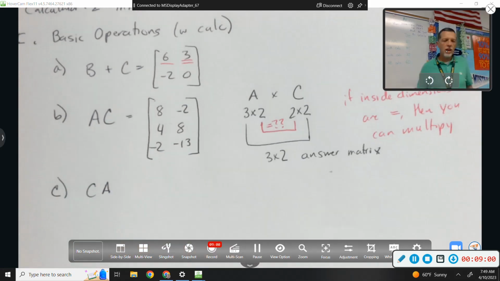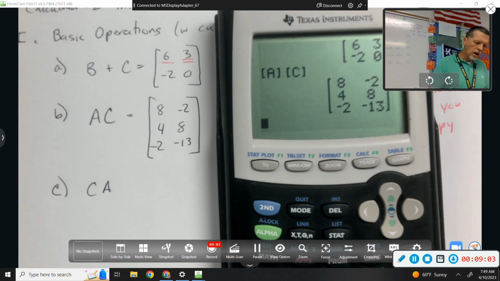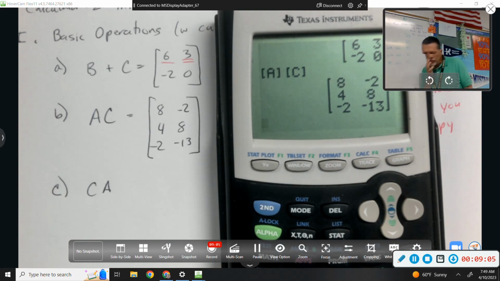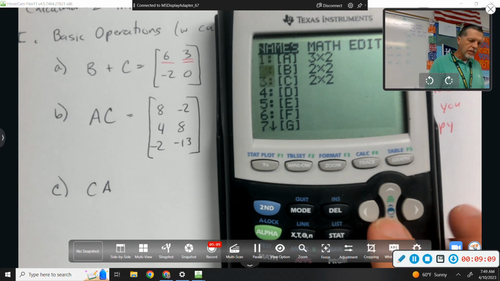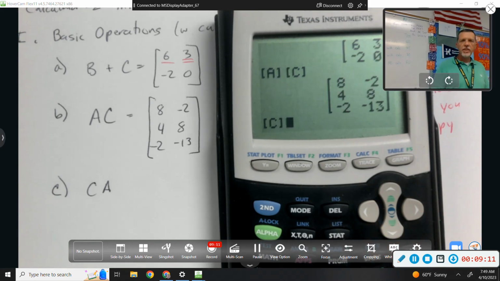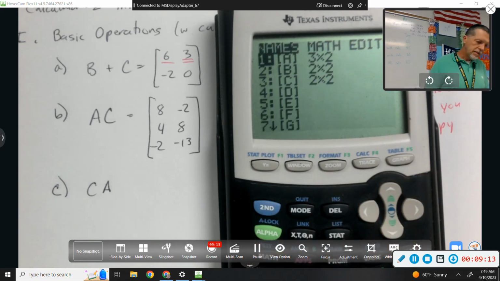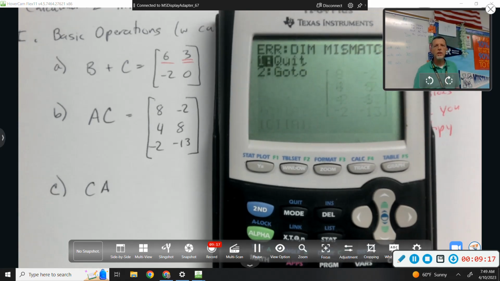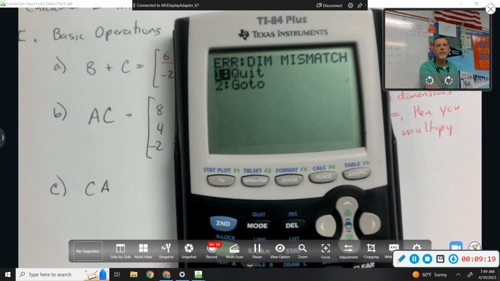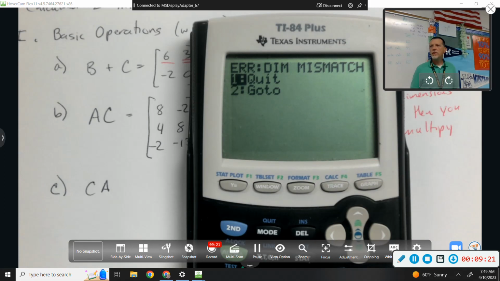Let's try C times A. So in the calculator, C times A. And I get an error message, dim mismatch.